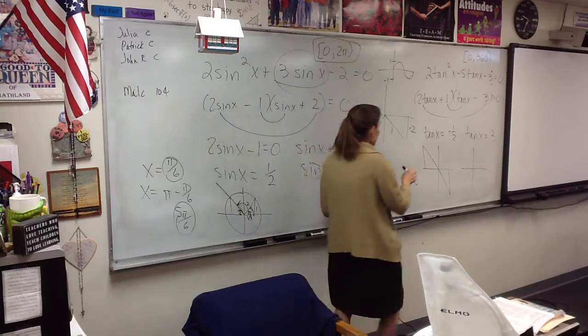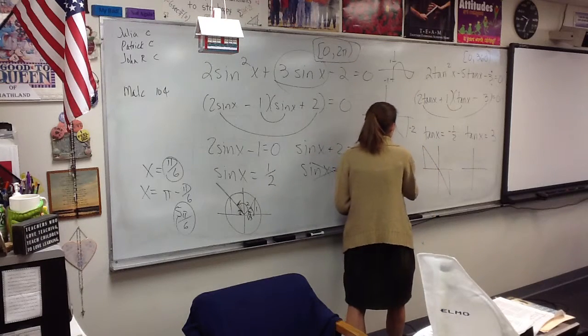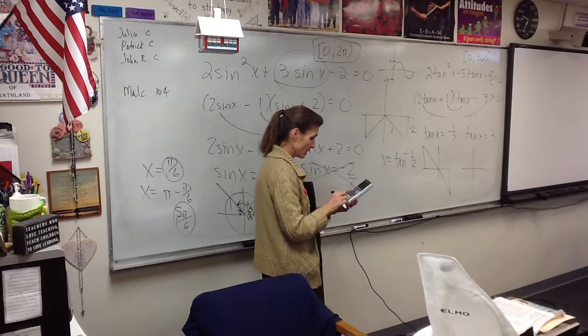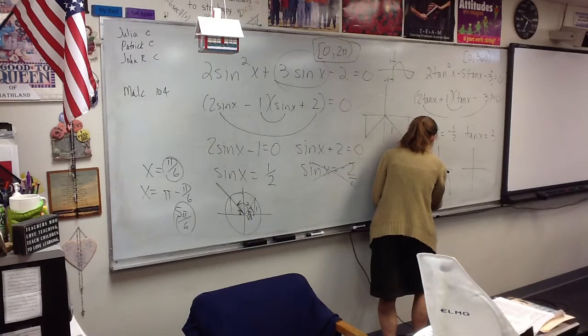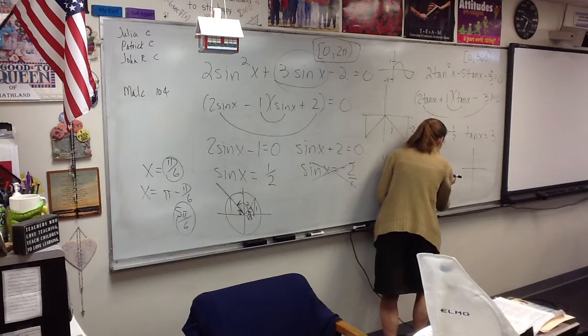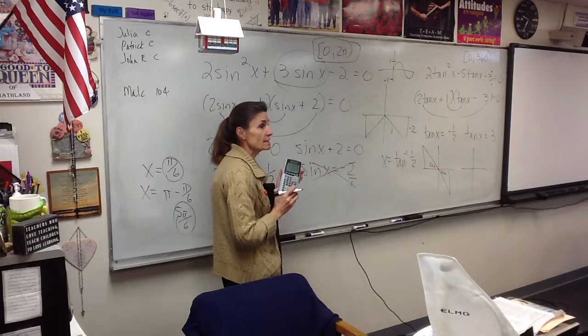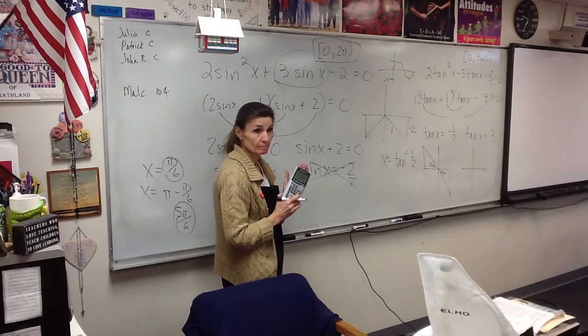And then how do I get an angle on my calculator? What will I actually type? Second tangent. And I always just put in the positive, because what I really want to know is this angle right here, and it's about 26.6. 26.6 is not an answer to the question, though, is it?